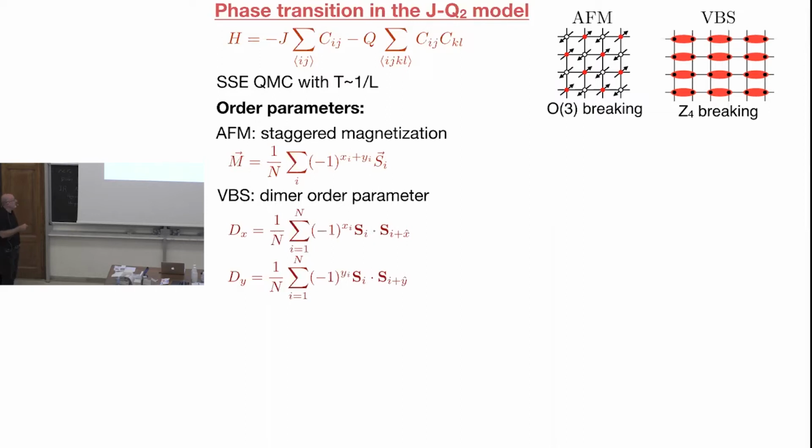So for that we can use, for example, this pi zero sum of S dot S dimer kind of operators. You measure S dot S somewhere and correlate it to somewhere else.